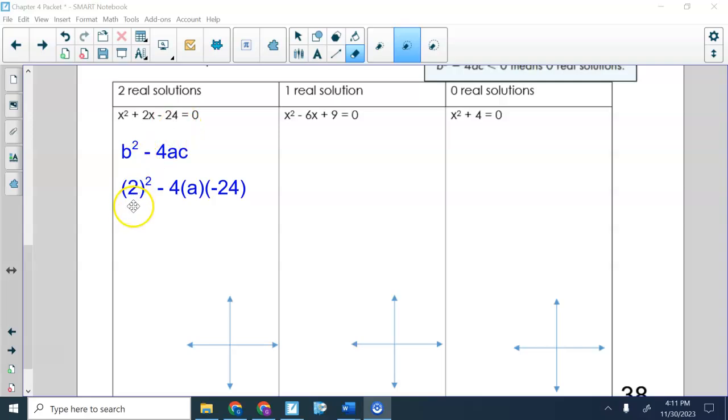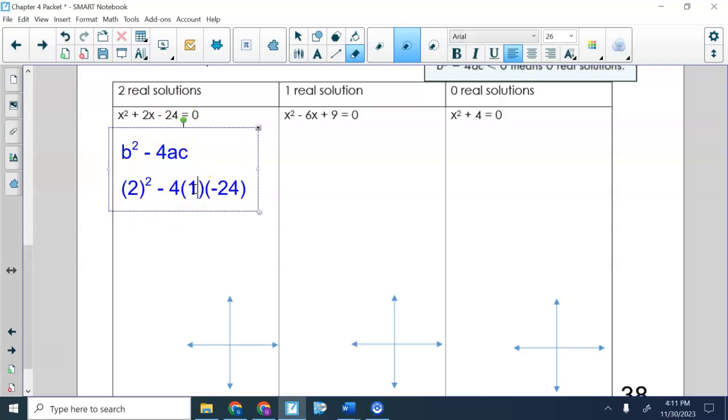So b squared, 2 squared, minus 4 times a, which is 1, times c, which is negative 24. We can calculate it, and it ends up being 4 plus 4 times 24, which is 96. So you end up getting 100. Okay, so that would be the discriminant equals 100.